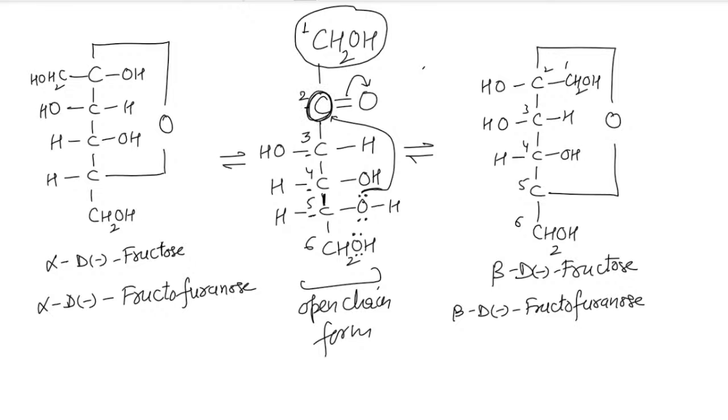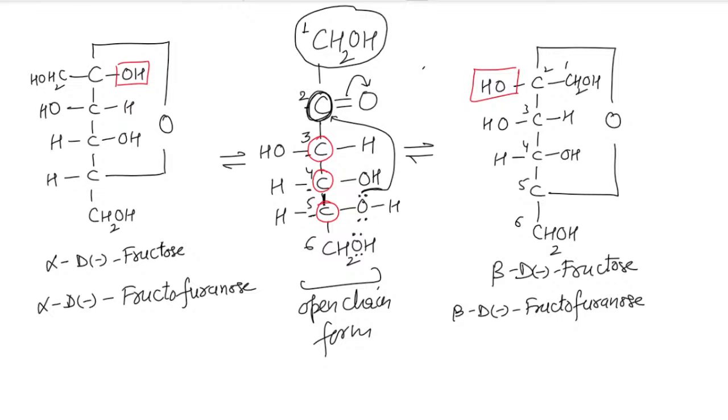So OH is either on the right side or left side. If OH is on the right side, this is called alpha, and if OH is on the left side, that is called beta. Okay, rest remains same. They are just like glucose. On the third carbon OH, H, fourth carbon H, OH, fifth carbon H, OH.